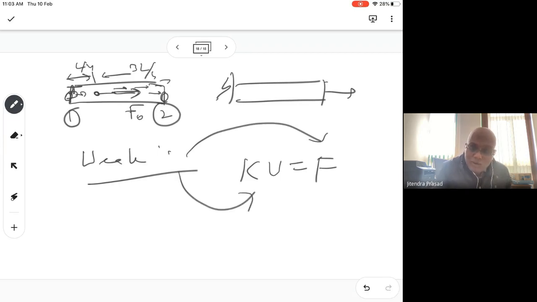If you don't do weak formulation, you will not even know where the F will appear, which components will be there, or how to calculate the force vector. And this is what we are going to do.